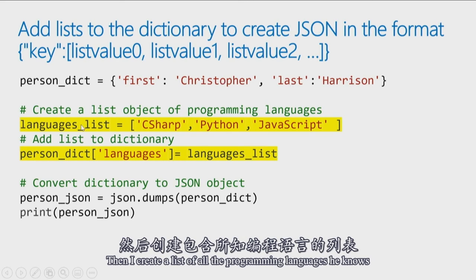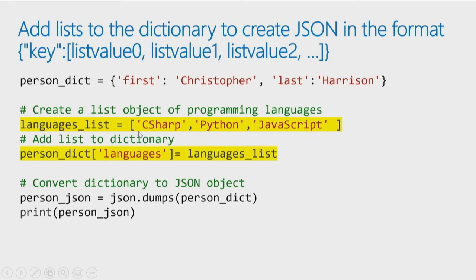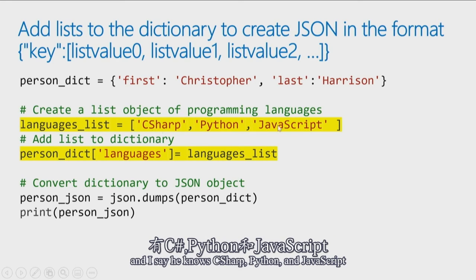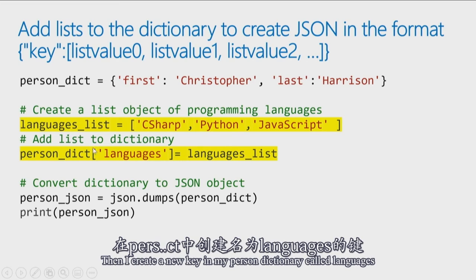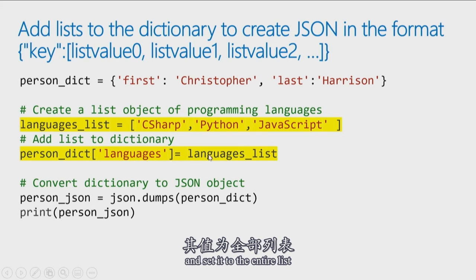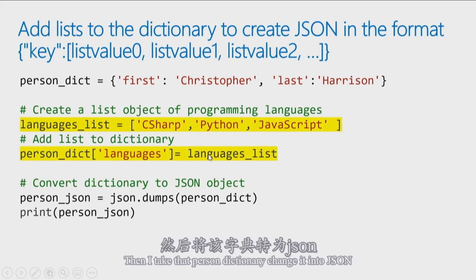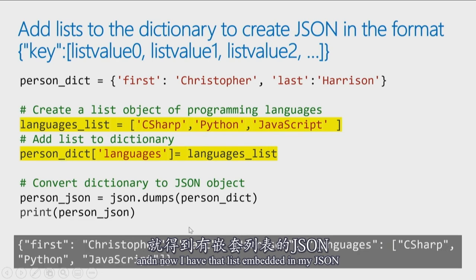And then I create a list of all the programming languages he knows. And I say he knows C#, Python, and JavaScript. So this is just a Python list object. Then I create a new key in my person dictionary called languages and set it to the entire list. Then I take that person dictionary, change it into JSON, and now I have that list embedded in my JSON.